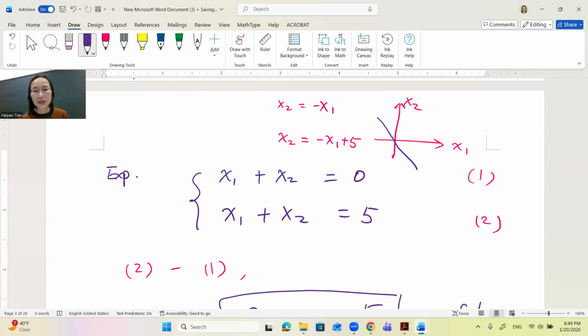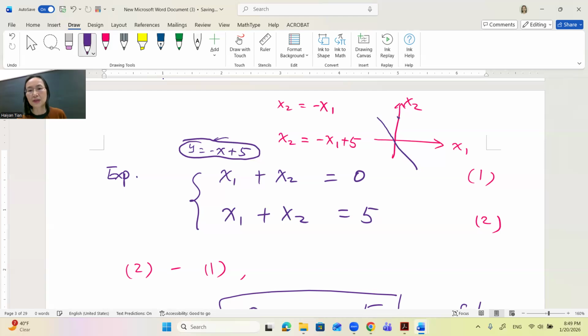If you are more familiar with xy notation, you can write x2 as y. For example, this will be the same as y equals negative x plus 5, right? That's a line with a slope of -1 and y-intercept 5. So let's draw that one.